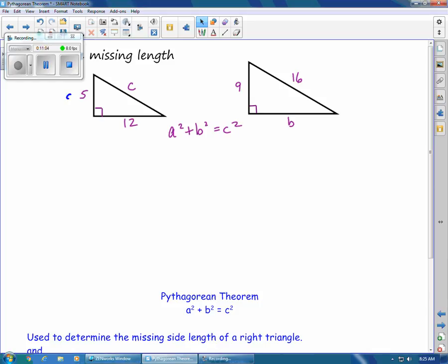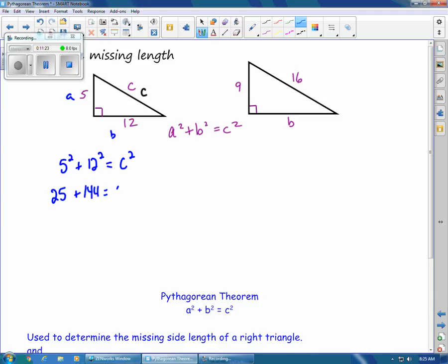So if this is A, this is B, and this is C, I'm going to say 5 squared plus 12 squared equals c squared. 5 times 5 is 25. 12 times 12 is 144. Grab your calculator and do 25 plus 144.